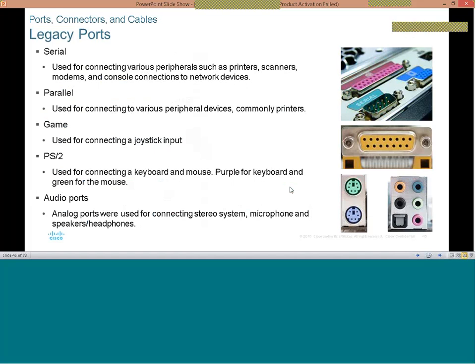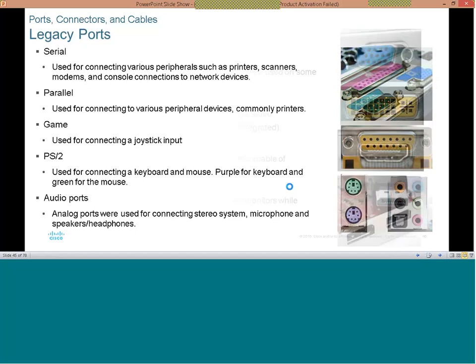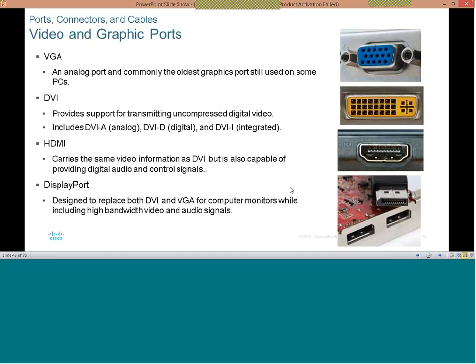So it's either serial or parallel. So we have the two. Okay, and then the PS2 to connect keyboard and mouse, and then we have the audio ports. These are legacy ports. They are way back then, but most systems didn't have all of this, so this could still be backward compatible and forward compatible at the same time.